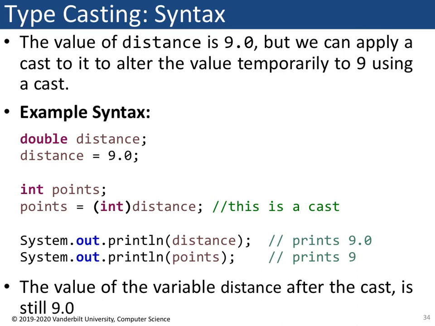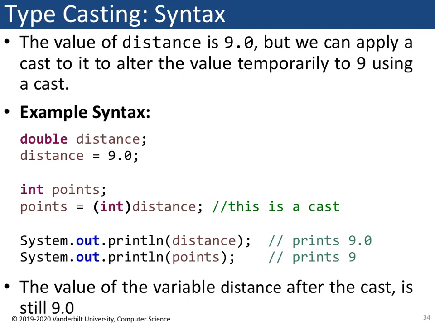So this is a typecast operation. What's going to happen is when this expression is evaluated, the value which is stored in distance will be cast from a double into an integer, and then this resulting integer value will be assigned to the variable points.